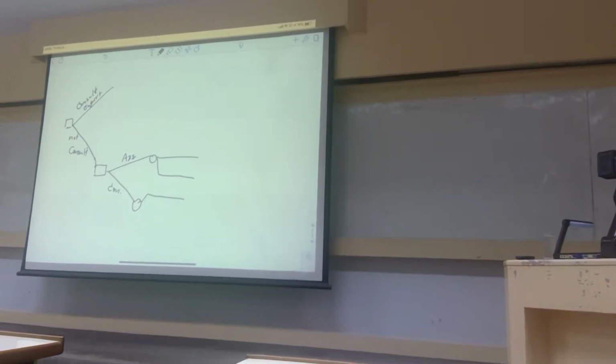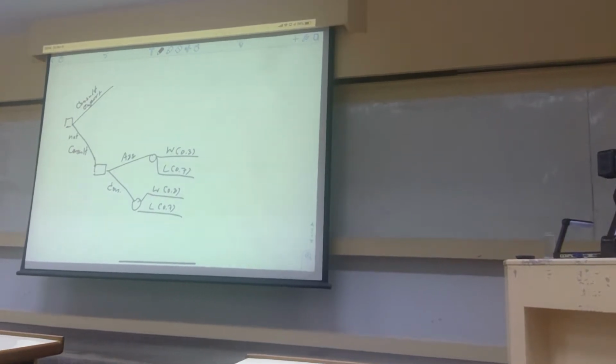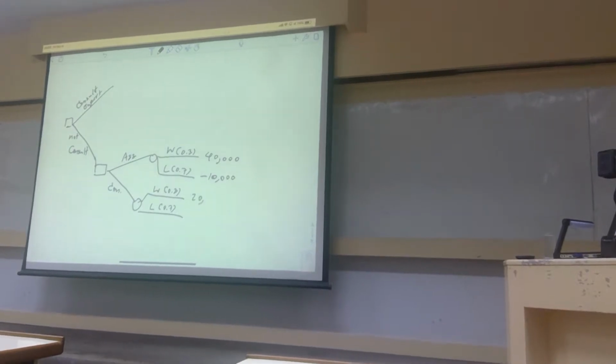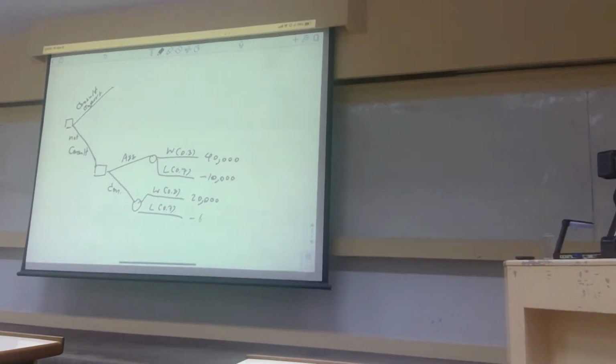Again, you have two possible outcomes, right? Win and lose the case. The probability of win and lose is 0.3 and 0.7, which come from question B. Probability of win is 30%. And for the payoff, using the values from the table, this one is 40,000, this one is 10,000, this one is 20,000, and another 6,000.